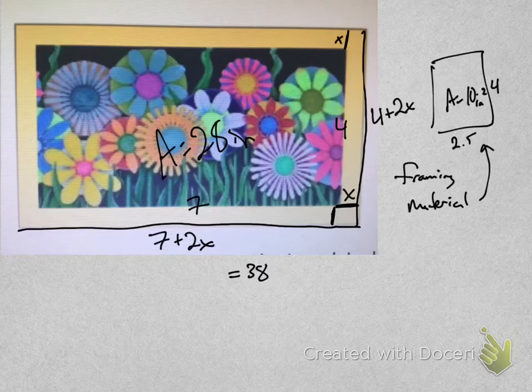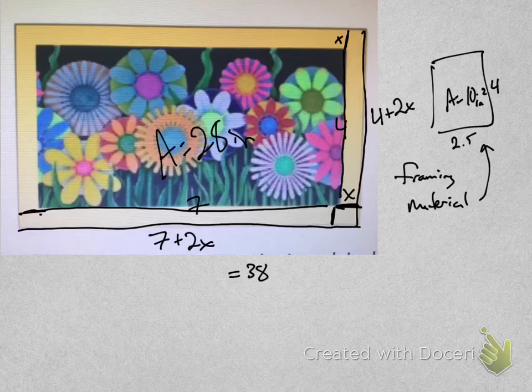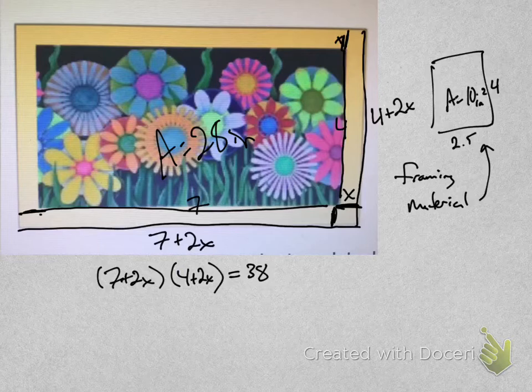Okay, before I move on, I need to make sure everybody's got my base and height. Here's 7, here's x, here's x: 7 plus 2x. Here's 4, here's x, here's x: 4 plus 2x. I've got a base and height, 7 plus 2x times 4 plus 2x. That is how I would model the area with an equation of my picture with frame.